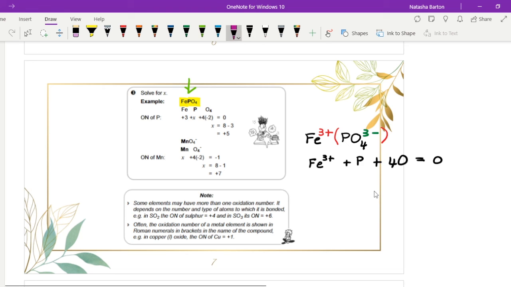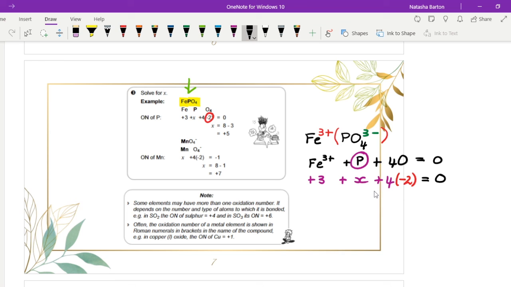So we're now going to sub these values in. We have positive 3 plus X in the place of phosphorus because we are trying to find out its oxidation number, plus 4 times, remember, oxygen normally has an oxidation number of -2. This is one of the rules, so we put in -2. Sum it up, it equals 0.